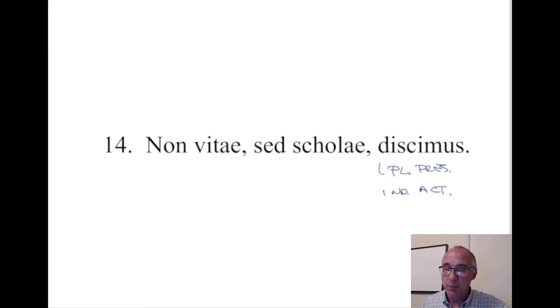We learn not for life, but for school. It's a play on words. It's a little epigram. It's a saying, a phrase of Seneca, where we learn for life, not for school. But here, Wheelock thought he was being funny, flipped it around. We learn not for life, but for school. We are learning. It's just a humorous thing.